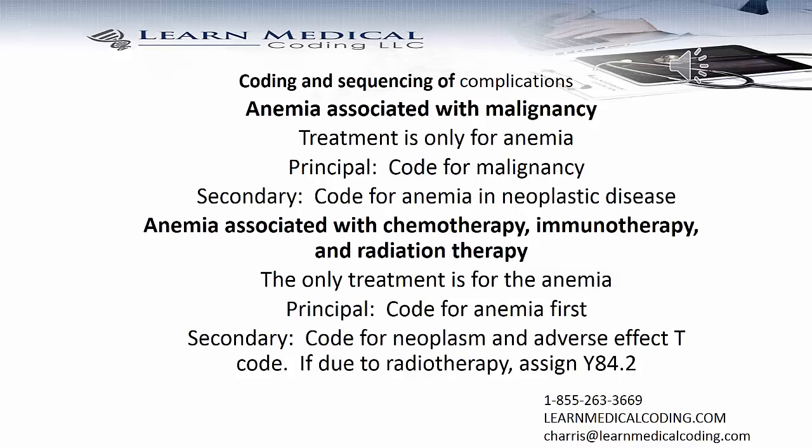Anemia associated with chemotherapy, immunotherapy, and radiation therapy. The only treatment in this case is for the anemia. Whenever that happens, you would code for the anemia first, and then you would code an additional code for the neoplasm, and you will need to code for an adverse effect code, which is a T code, which means the patient is having a reaction to something.